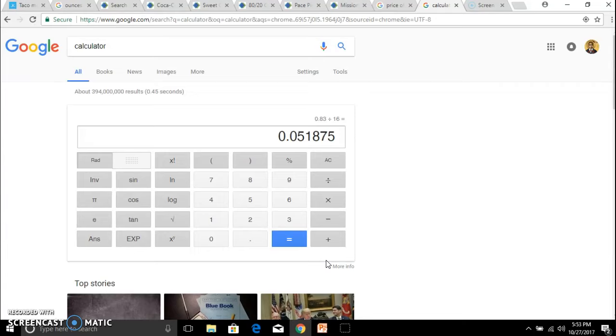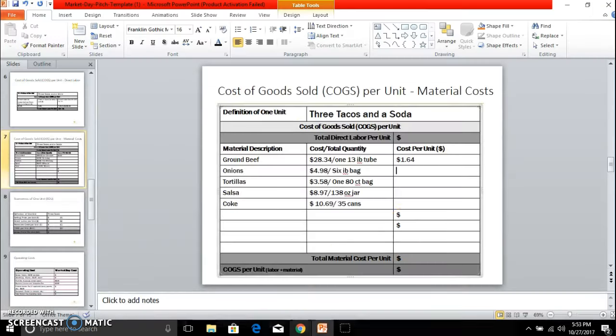We're not going to have 4 ounces of onions in our tacos. Probably 1 ounce is as generous as it would get. Since we have 3 tacos, we have an ounce of onion per taco, so we times this by 3 and get about 15.5. We're going to round this to 16 cents in terms of onion.